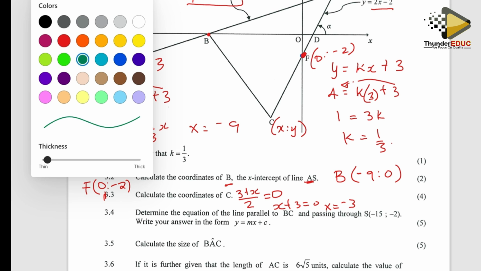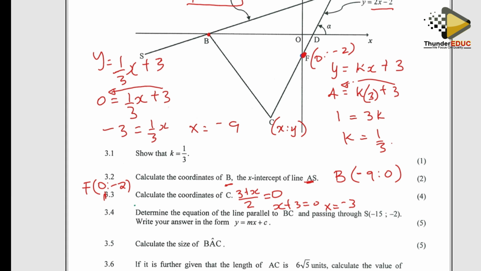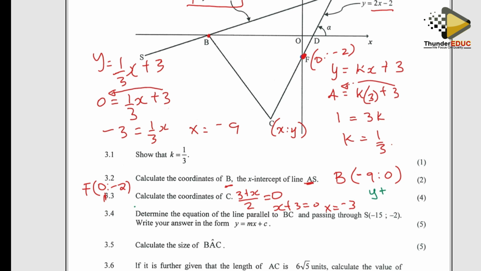Let me do the same with the y. If I get my y plus 4 divided by 2, I must get negative 2. Cross multiply, y plus 4 is negative 4, which means y is negative 8.